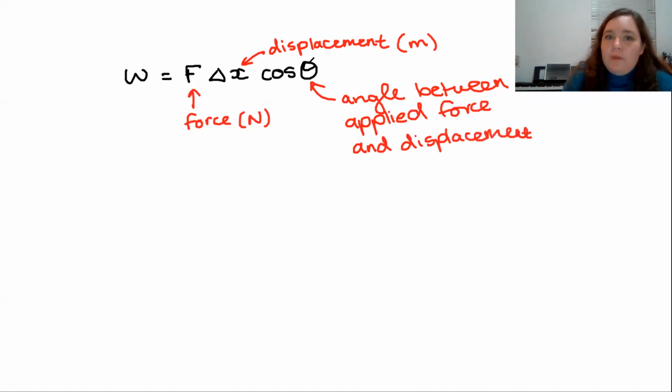I find that a lot of people really struggle to get what this idea of theta is, so we're just quickly going to discuss it. And along with discussing what theta is, we're also going to start talking about positive and negative work being done.